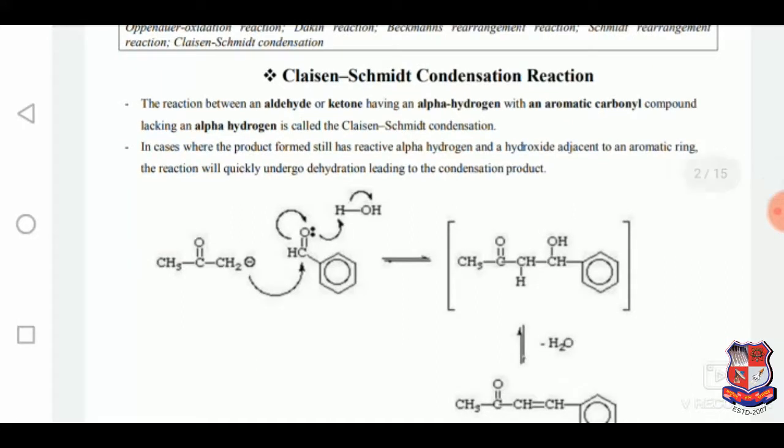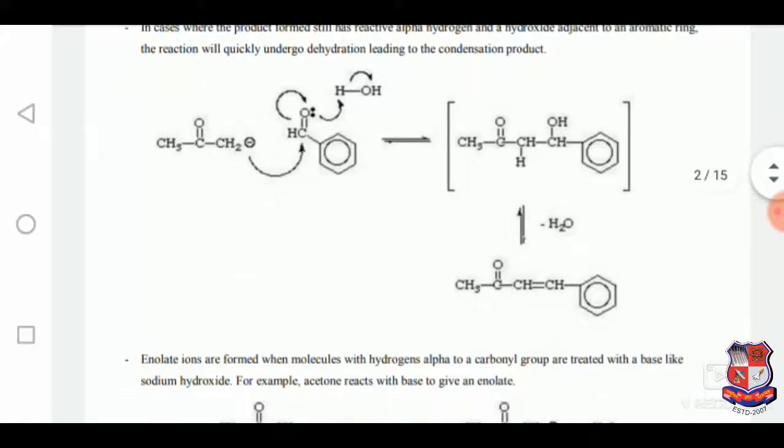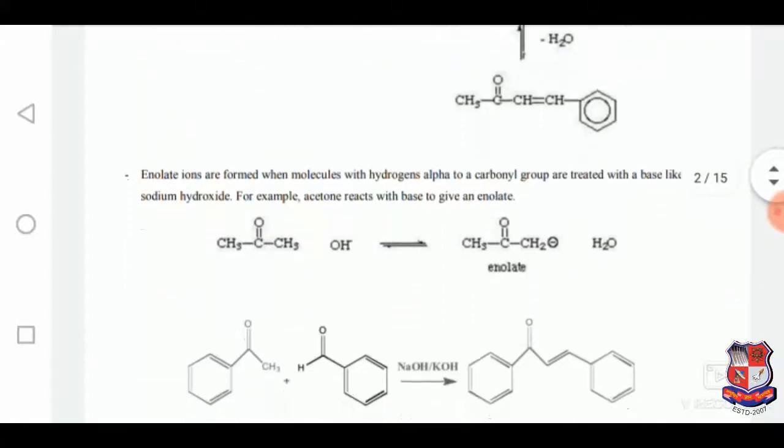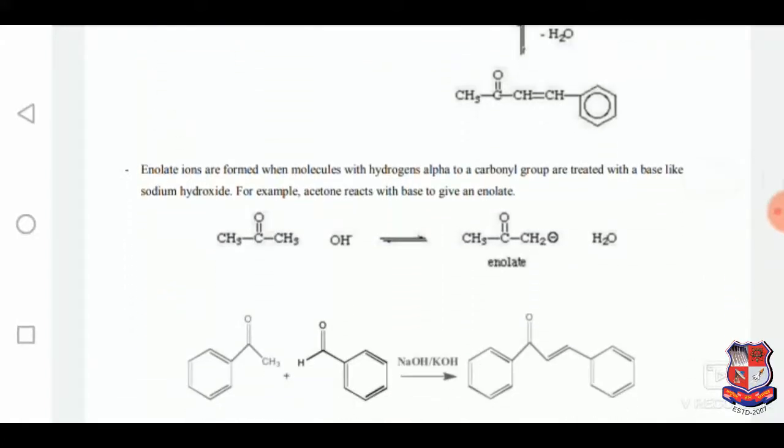In cases where the product formed still has a reactive alpha hydrogen and a hydroxyl adjacent to the aromatic ring, the reaction will quickly undergo dehydration, leading to the condensation product. Enolate ions are formed when molecules with hydrogens alpha to the carbonyl group are treated with a base like sodium hydroxide. For example, acetone reacts with base to give an enolate ion.